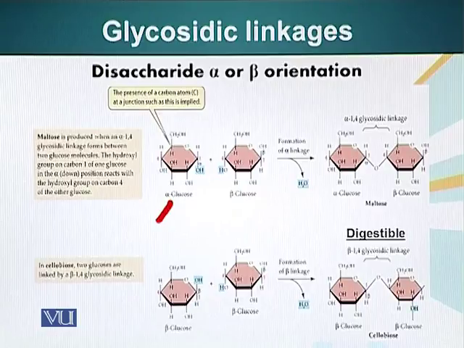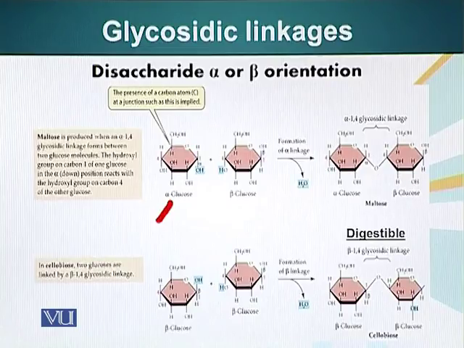In beta glucose, the hydroxyl group is pointing upwards. So when this bond is formed, a water molecule is removed, a condensation reaction. We have talked about that in our previous module. A water molecule is removed and a bond is formed between two glucose molecules.